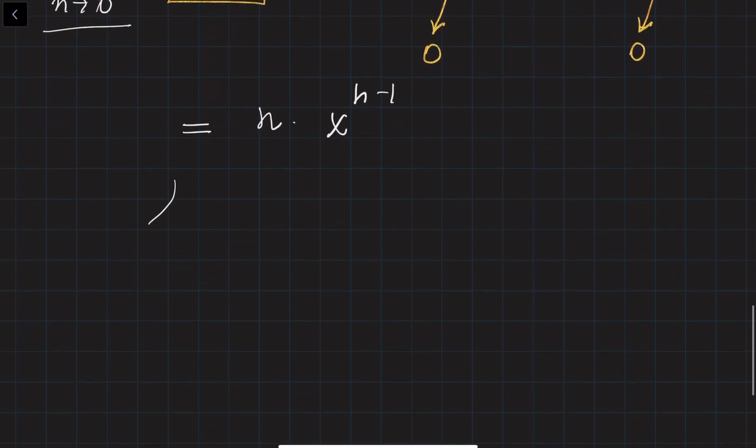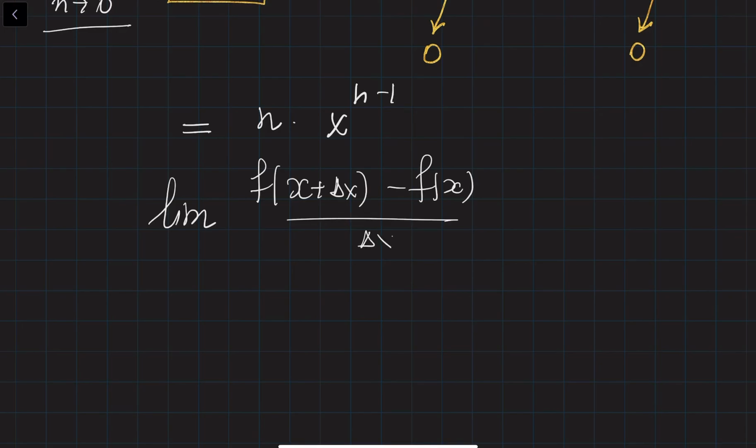So we just found that the limit of f of x plus delta x minus f of x divided by delta x, or let me put h, when h goes to 0, is equal to n times x to the power of n minus 1, which is the derivative of the function.